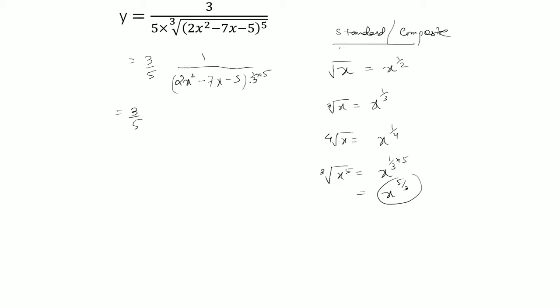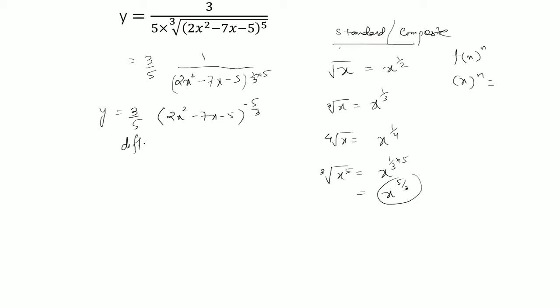Now one more thing I need to add. Differentiation of either f of x raised to n or x raised to n cannot be done in the denominator, and we got this expression in the denominator, so we need to convert this into the numerator. So (2x square minus 7x minus 5) becomes raised to 5 by 3, so we can express it as minus 5 by 3. Now we have just simplified.